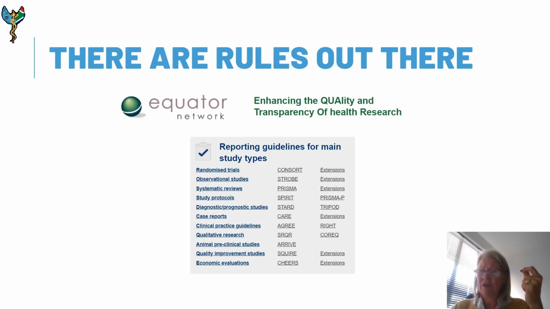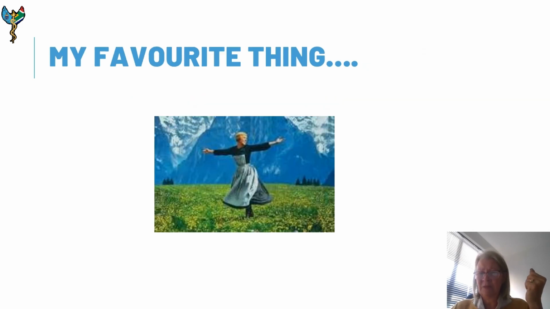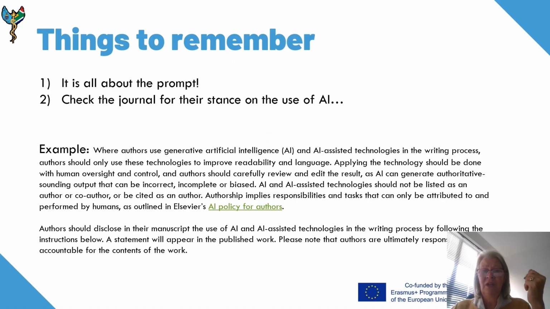But you can also use ChatGPT, which is my favorite thing, for editing language. So you can go to ChatGPT and say it's your English language editor and give it instructions. Just use, for example, the STROBE guidelines and ask it to produce a report pointing out the items that you forgot.